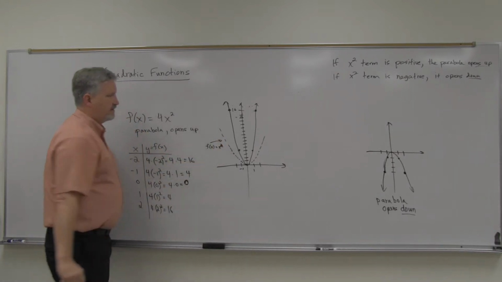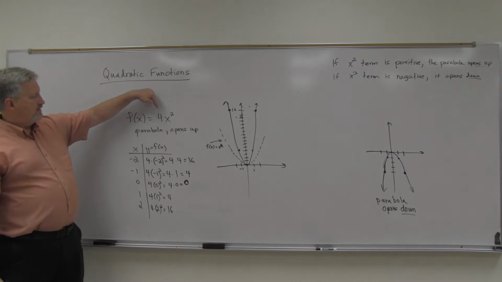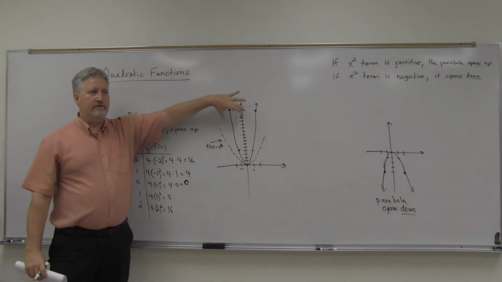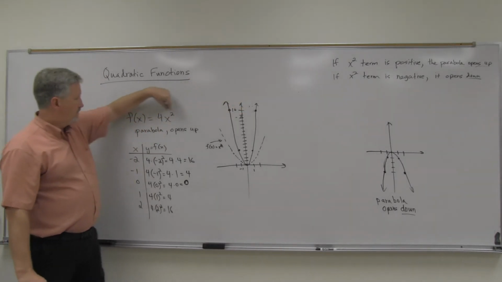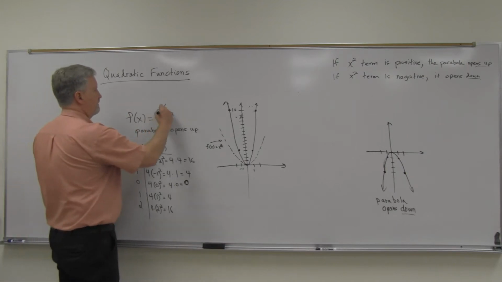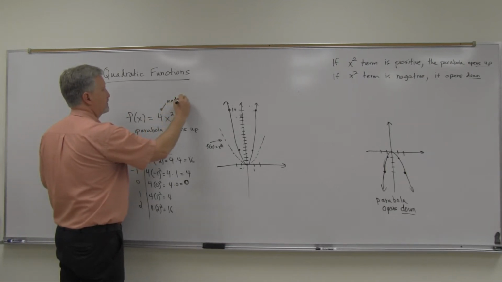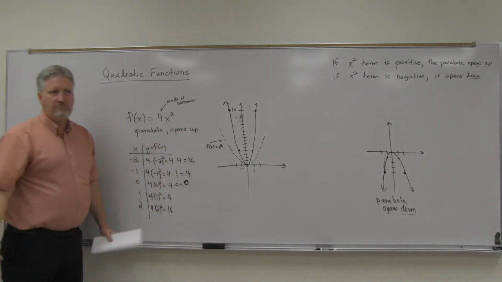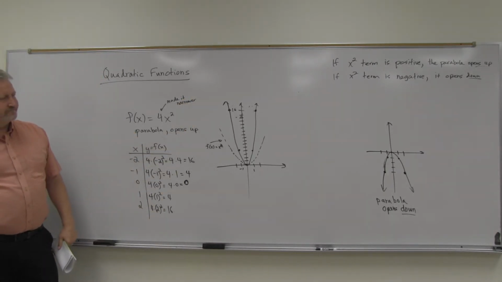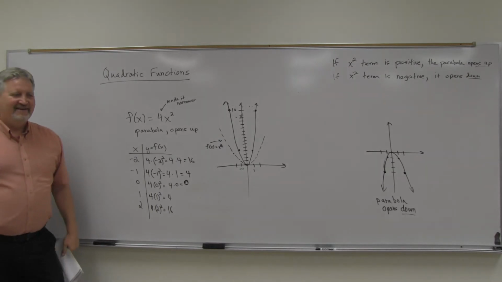What I can note there is that 4 right there made the graph narrower. So this number made the graph narrower. Good to know. That's one other thing they'll ask you about on these.